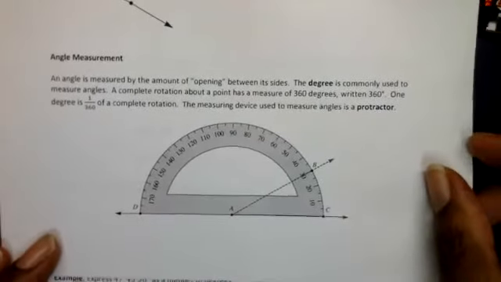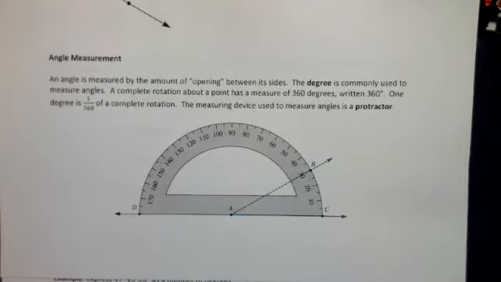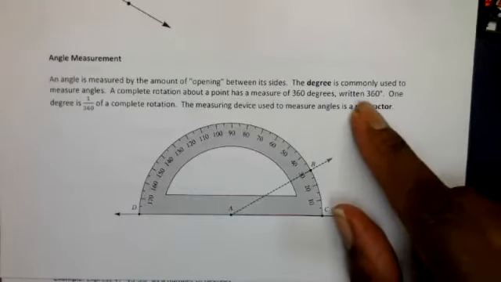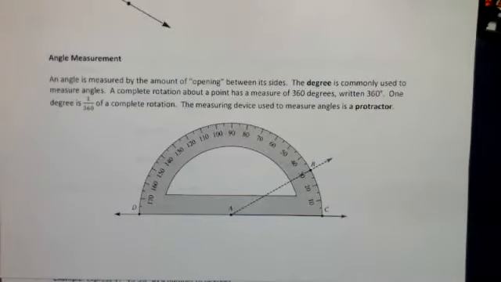Next is angle measurement. An angle is measured by the amount of opening between its sides. The degree is commonly used to measure angles. A complete rotation about a point has a measure of 360 degrees, and we can write that as 360 with a small degree sign. 1 degree is 1/360th of a complete rotation.